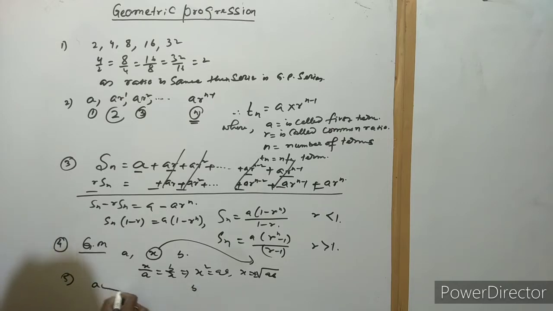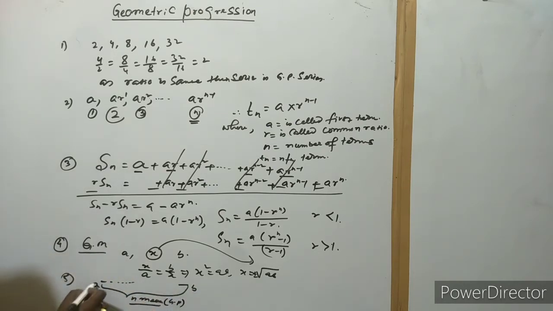Let us assume there are n means for a GP series. How many terms are there? There are n means.